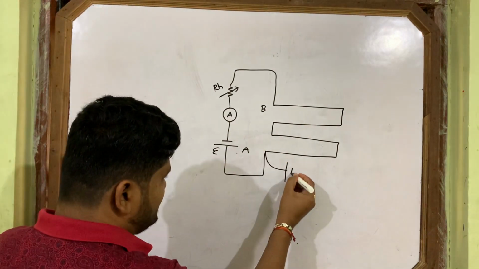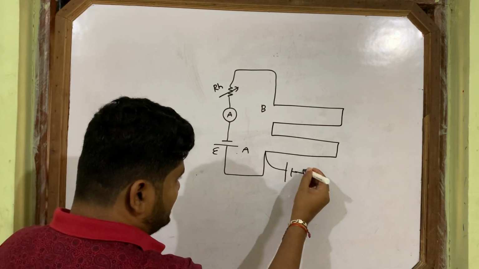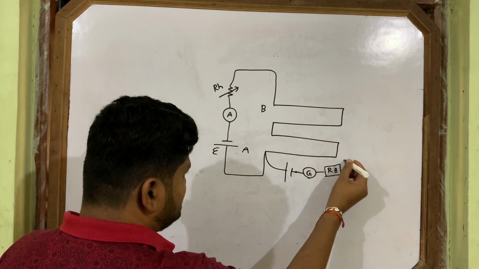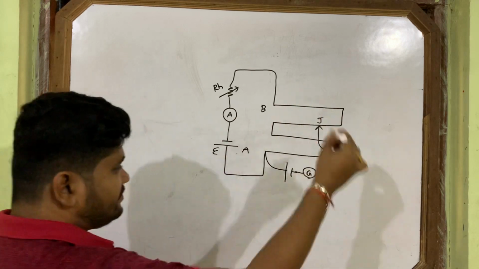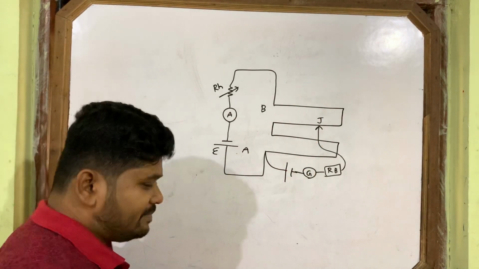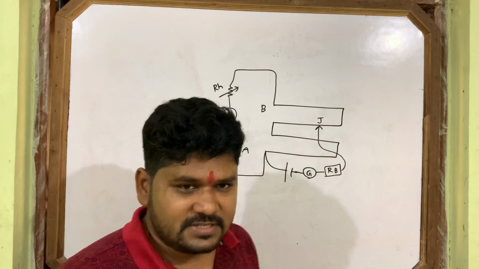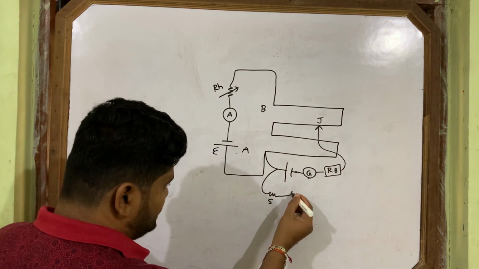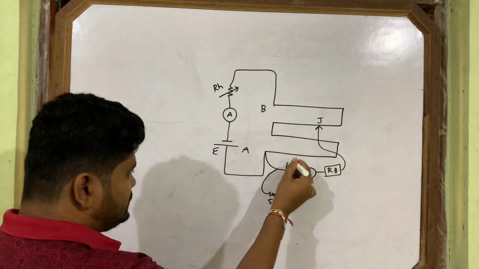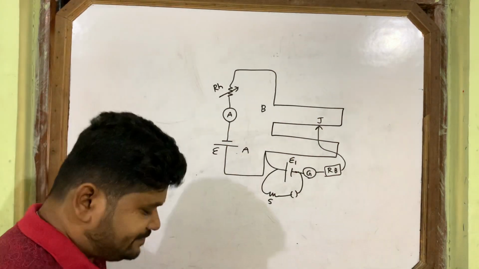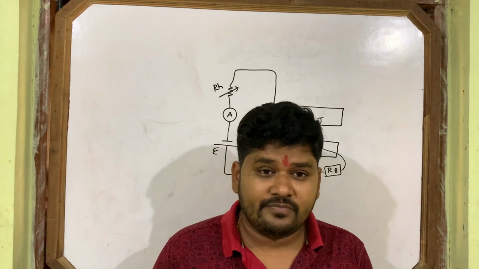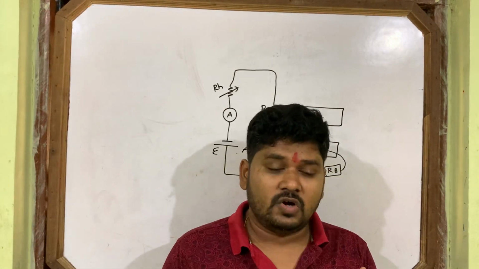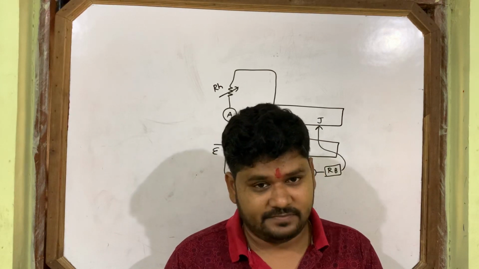This is your experimental cell, then a galvanometer, then a resistance box, then your jockey. And for measurement of internal resistance, we connect one shunt here with a key, parallel to your experimental cell E1. Now I will tell you some formulas of the potentiometer so that you can solve all the numericals.